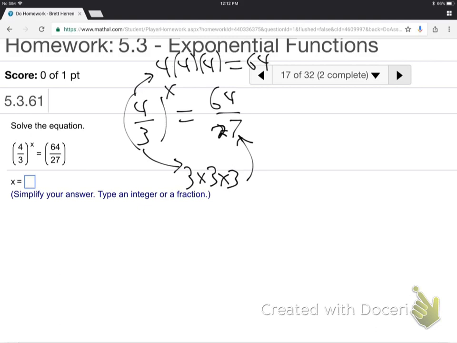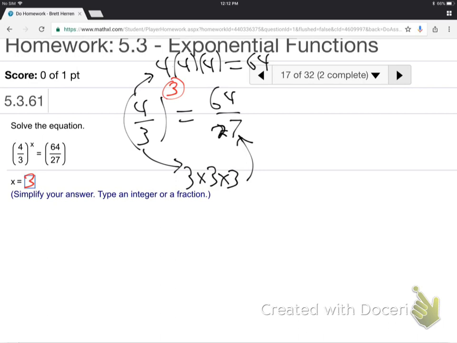Then I would go, oh, you just multiply 3 times, right? 4 times 4 times 4, 3 of them make 64, and 3 times 3 times 3 is 27. So what does this power have to be? Has to be 3. Done. X has got to be 3. The third power makes that 64/27, doesn't it?